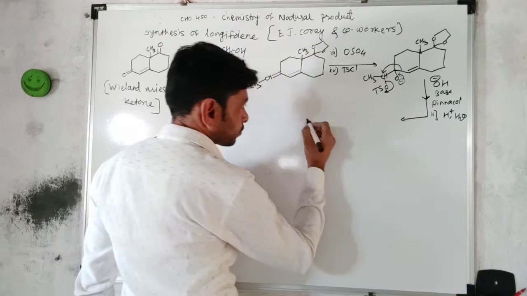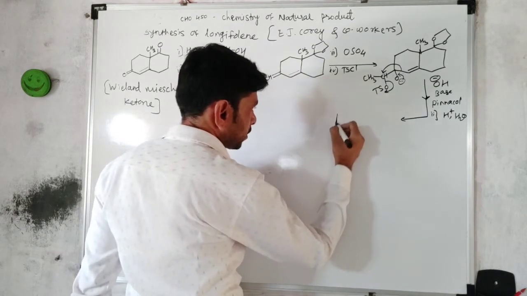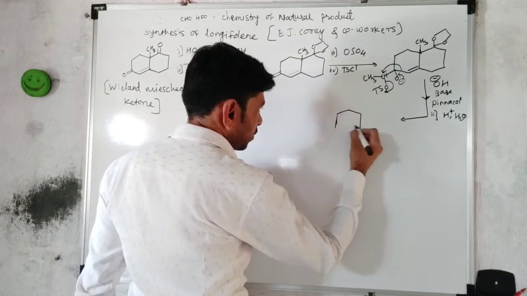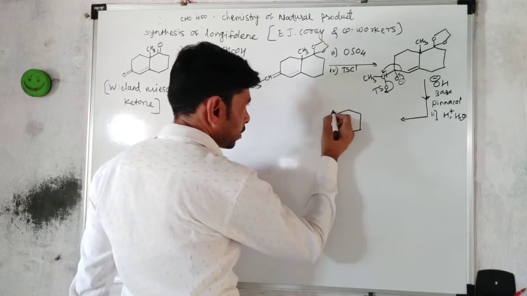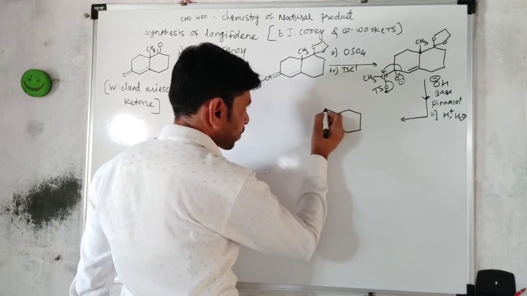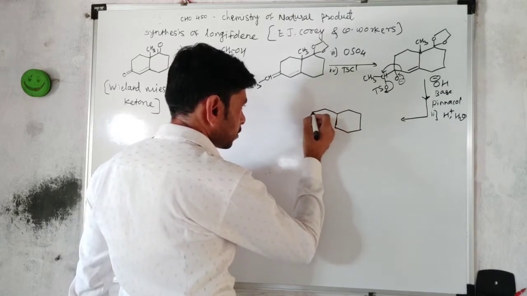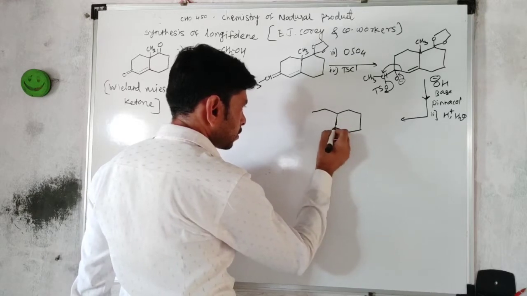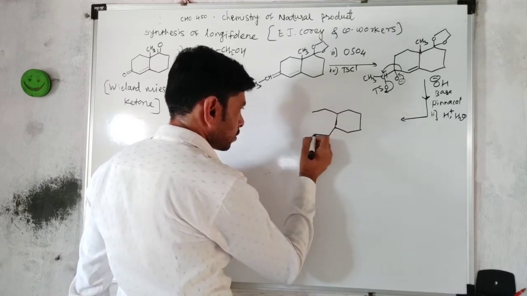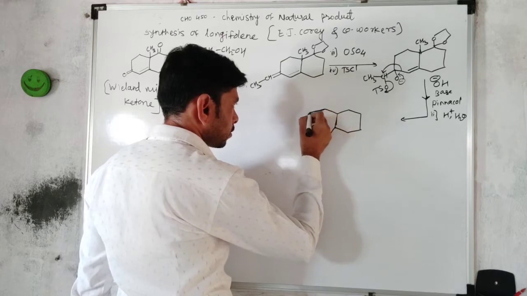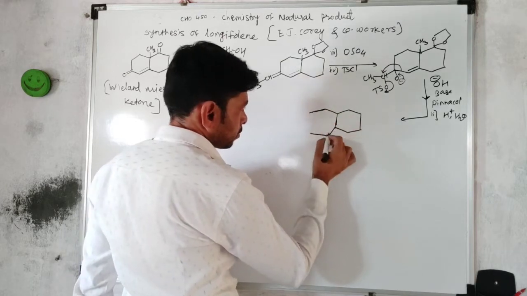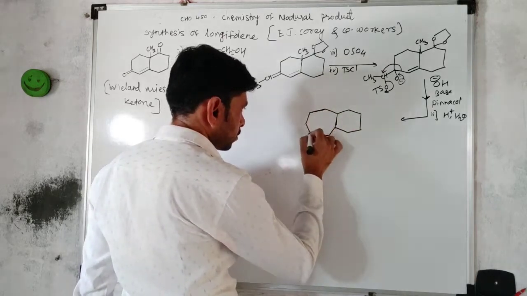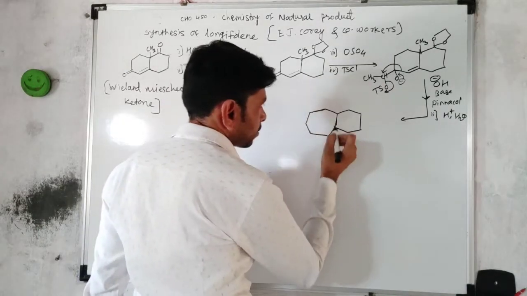So when we apply these reagents for the pinacol rearrangement, then one 6-member ring is there, and another 7-member ring is there.